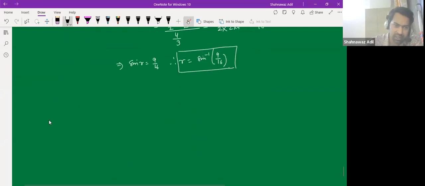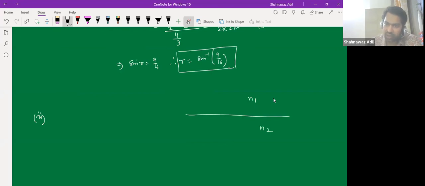in the second case, we have this N1 medium and N2 medium, and this was denser, this was rarer, and the ray is coming from here. So the ray is coming from N2. This is the normal, this is the angle of incidence, and this was the actual path.